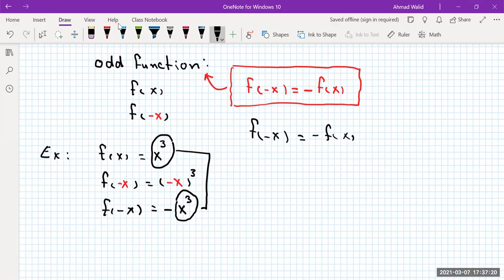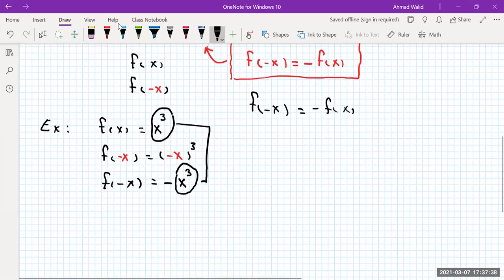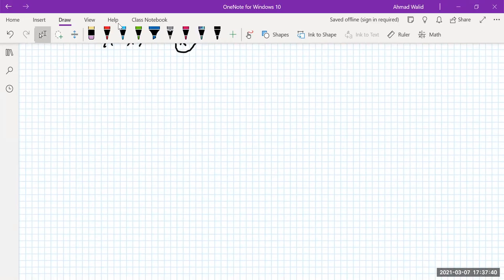Correct? Don't judge a function based on the exponent. Why is the professor explaining it this way? Because I did two easy examples, and if I just look at the exponent, I'll say, oh, it's an even function or an odd function. No, that's not the case. You have to check, right? Let's do some more examples.